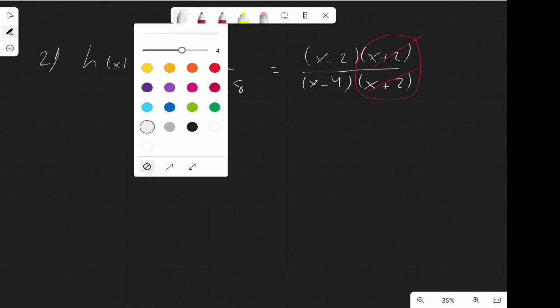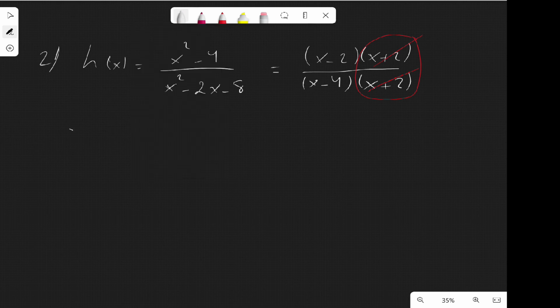So if we take the domain, the denominator shouldn't be 0, so x minus 4 shouldn't be 0 to find the restricted values. So x equal 4, which makes the denominator 0.